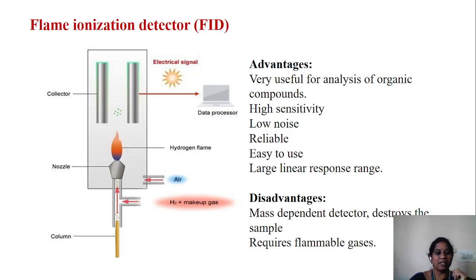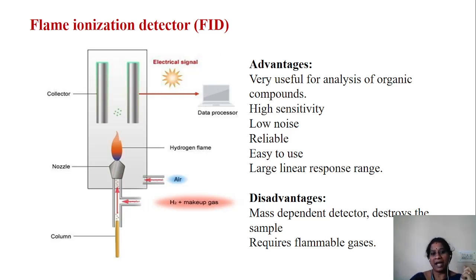When these eluent materials are pyrolyzed at a certain temperature, ions will be formed. The materials will get ionized, and these ions are collected in the collector, and the flow of ions causes an electrical signal. Thereby the eluent components are detected.